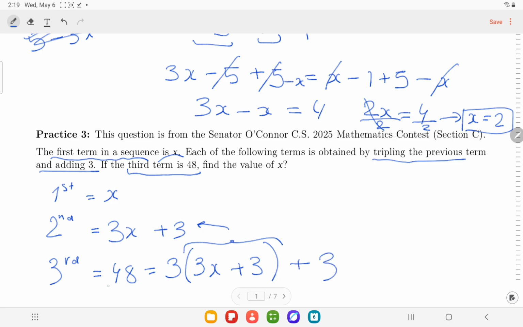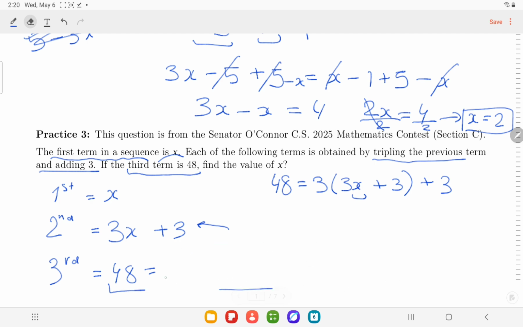And we end up with this equation here. I'm going to rewrite it. And this is what we are trying to solve here for x. So to solve for x, we're going to have to use distributive property to multiply this 3 in here into the brackets.